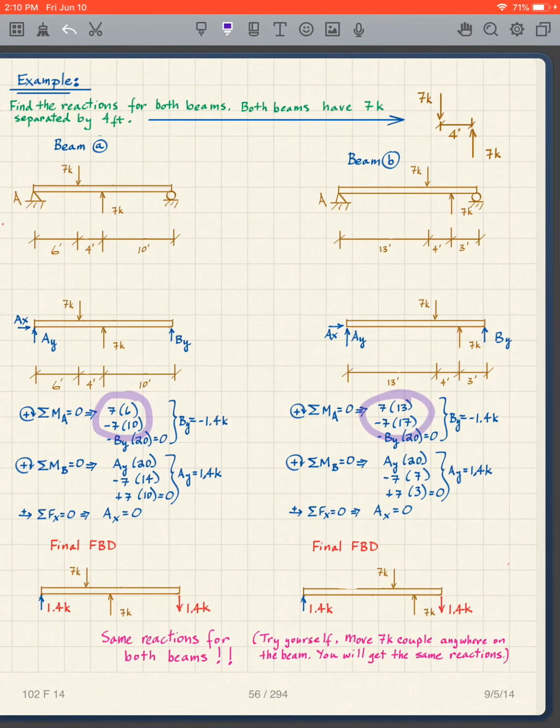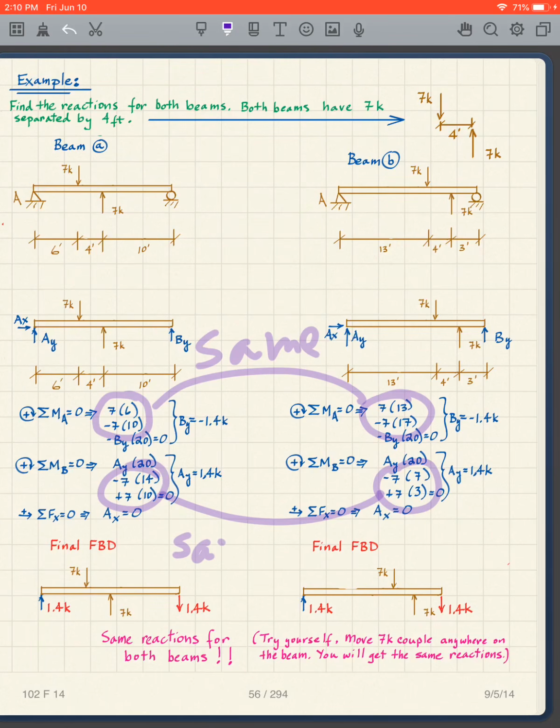And if I look here, again, 7 times 13, 7 times 17, the difference is 7 times 4, negative in both cases. So these two terms are the same. And we see the identical thing over here. Again, the difference is going to be 7 times 4 in the negative.